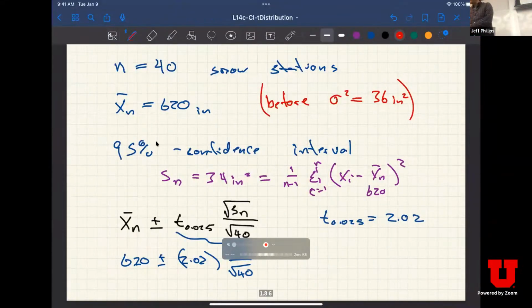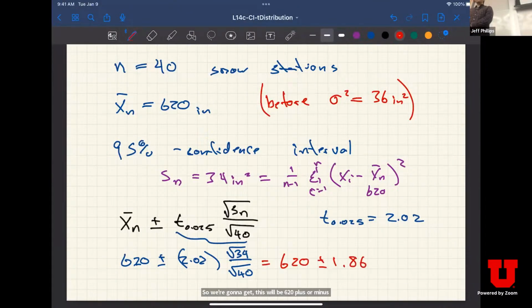So this will be 620 plus or minus 1.86. I think that's still probably too small, but now we actually measured the sample variance.